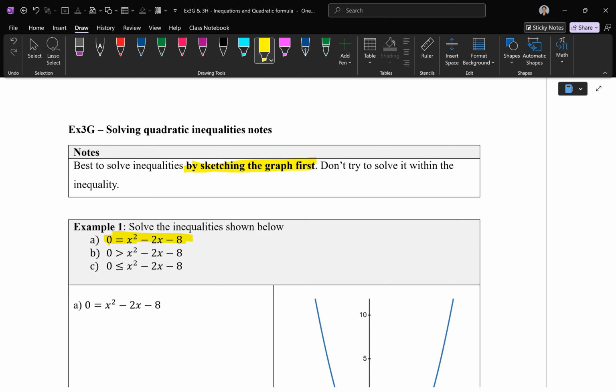You know how we were doing this just now? When it's equal to, I'm going to highlight it. Equals is a powerful symbol. You're saying, I want to know x squared minus 2x minus 8 when it equals 0. But what is that 0 representing? You need to understand this is your y coordinate. That's when y equals 0.